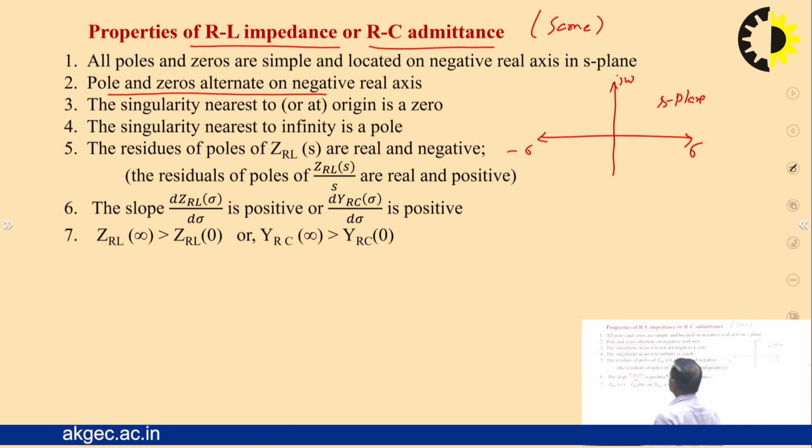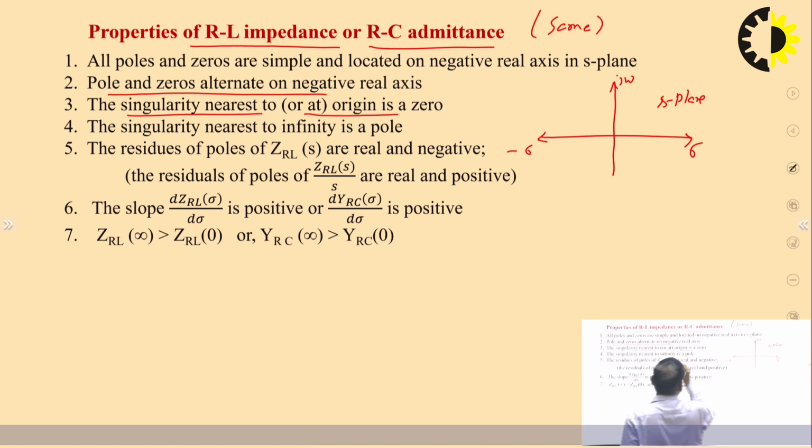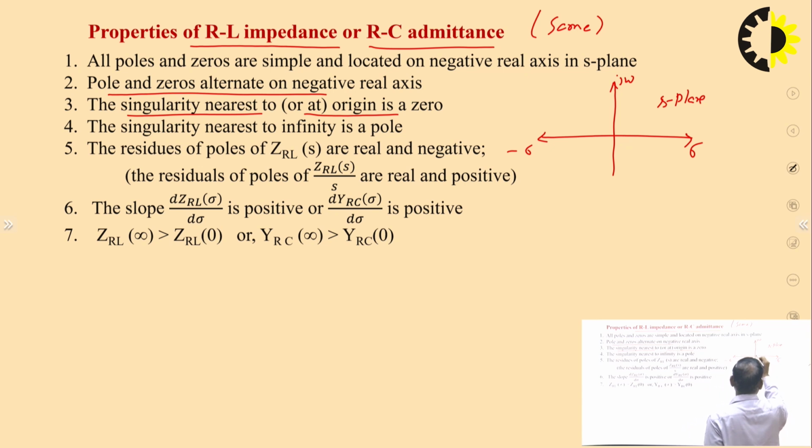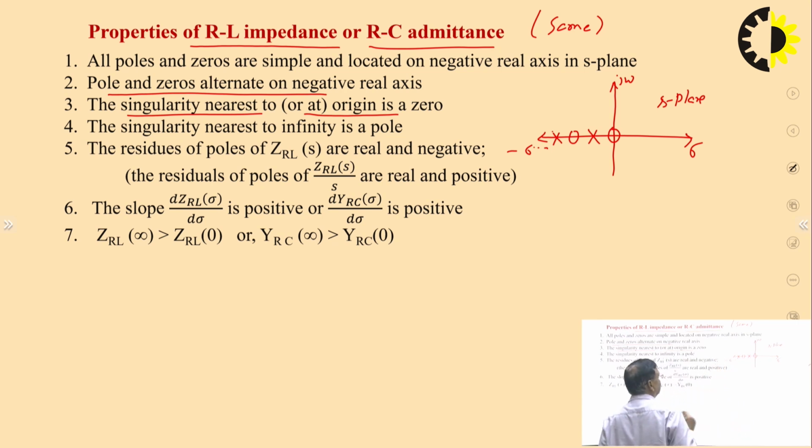The third point is very important, the singularity nearest to or at origin is a 0. It means at the origin there is a 0, then we have the pole, then 0, then pole and so on. So, the singularity nearest to or at the origin is a 0 and singularity nearest to or at infinity is a pole.